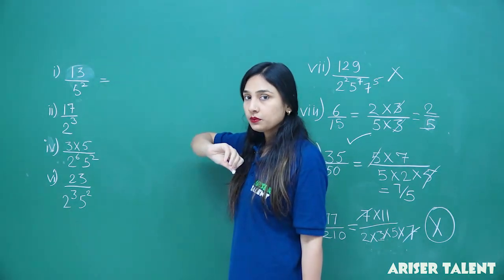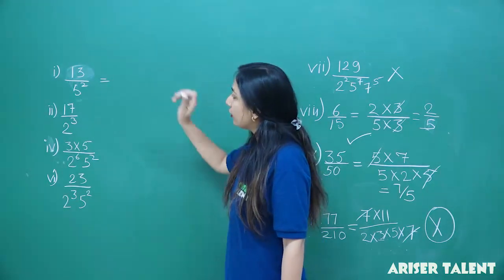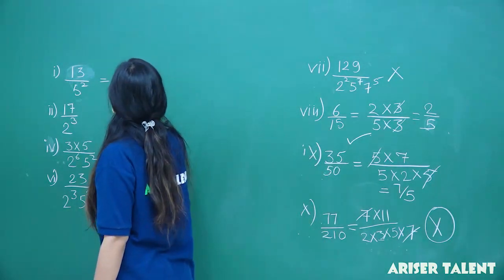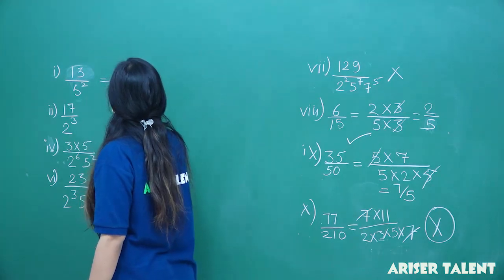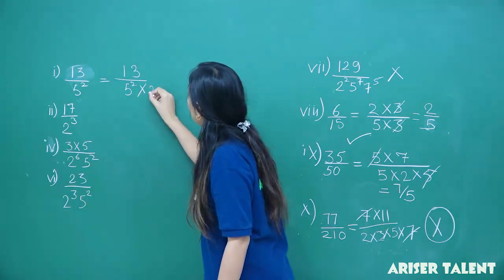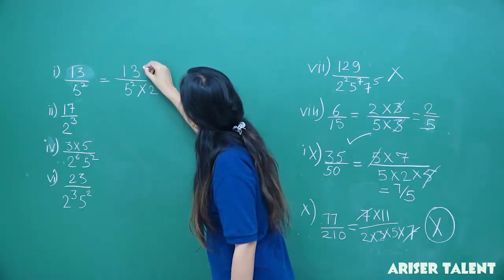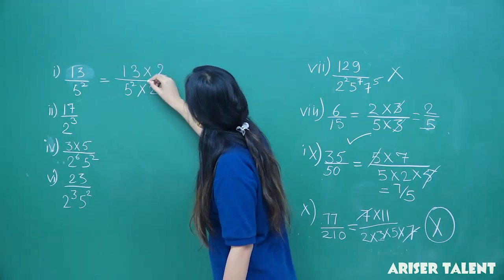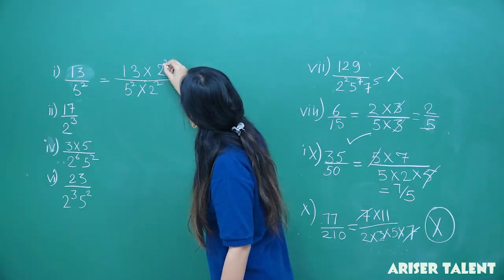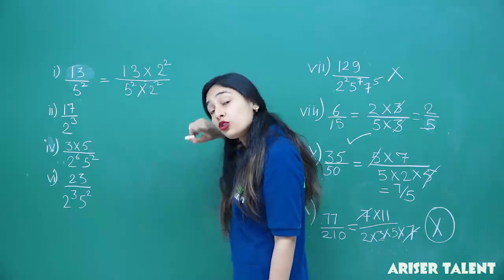Okay, you know this. Now we will do it and understand it in a better way. 5 raised to power 2. Now I will multiply the denominator by 2 raised to power 2, and to balance it, I will multiply the numerator also with 2 raised to power 2.